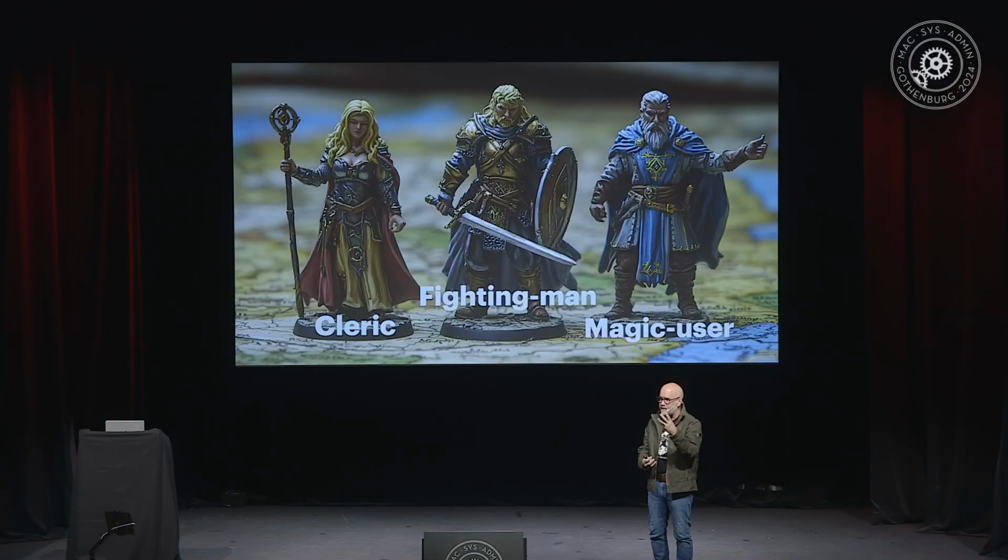In the original concept of D&D, there's only 3 classes: the fighting man, the magic user, and the cleric. And they kind of corresponded to infantry, right? The fighting man, infantry, the wizard or the magic user as artillery that would sit in the back and fire big damaging spells at the enemies.